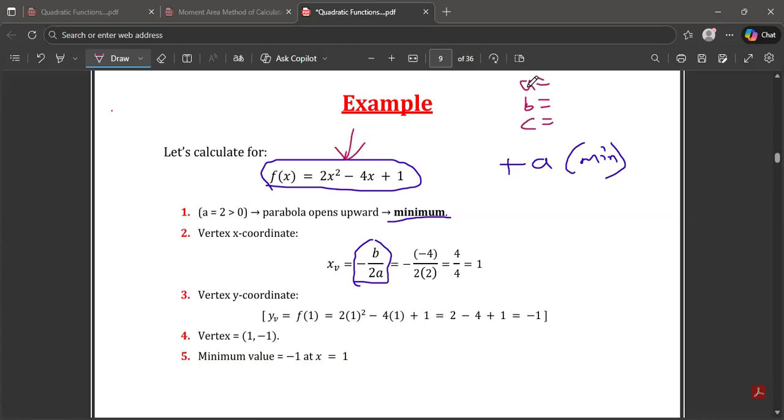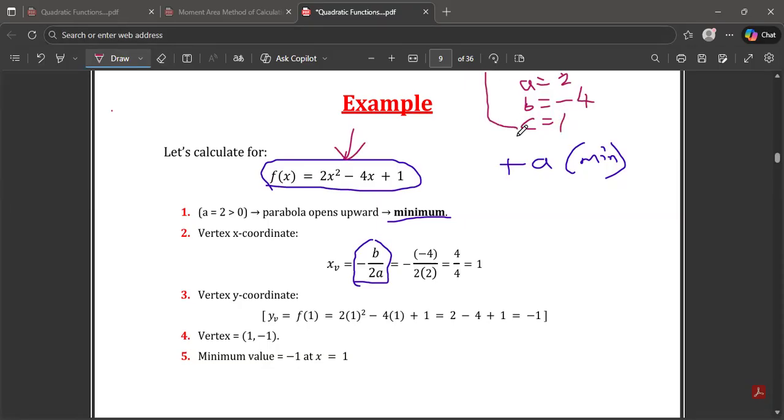A is 2, the coefficient. A is just 2. Okay, because we say it's in the form of ax squared plus bx plus c. Let me quickly write that here again. And what is b? It's negative 4. And c is what? Yes, c is 1.